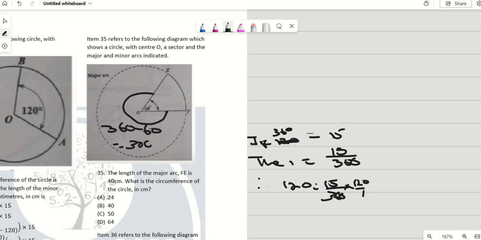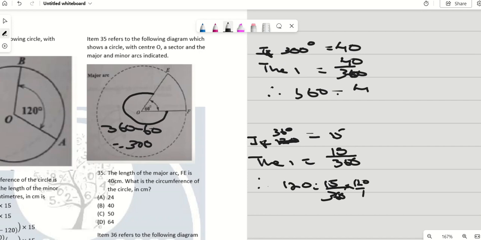So we know if 300 degrees is equal to 40, they want to find out the length of the major arc, right? Then 1 degree would be 40 over 300, and therefore 360 is going to be 40 over 300 multiplied by 360 over 1.